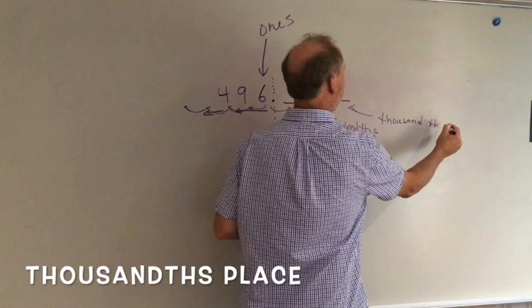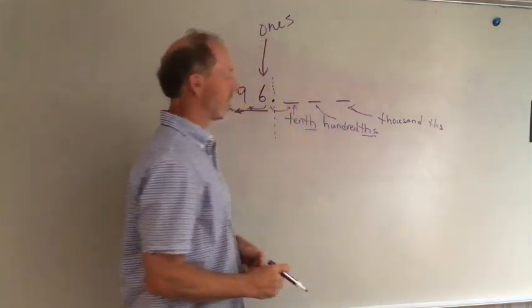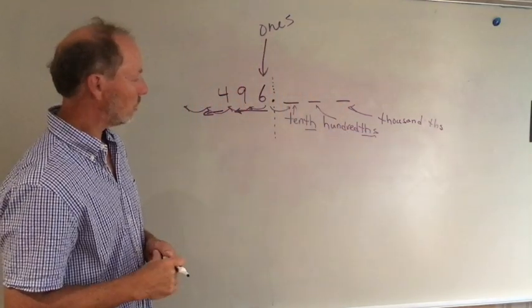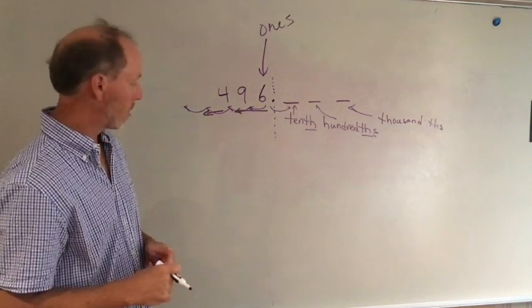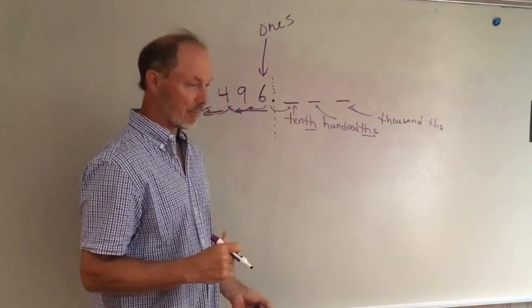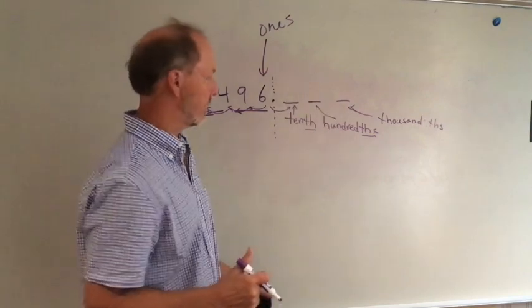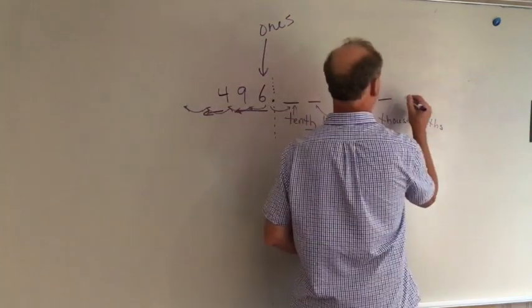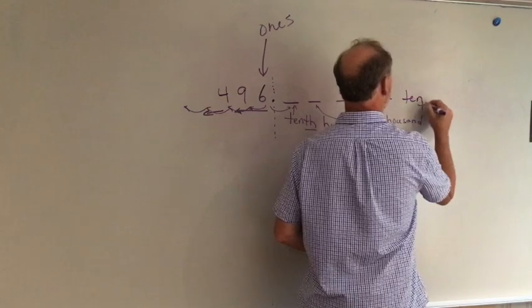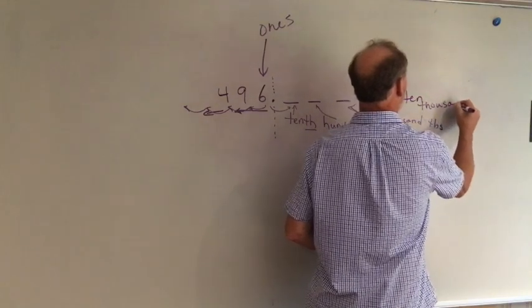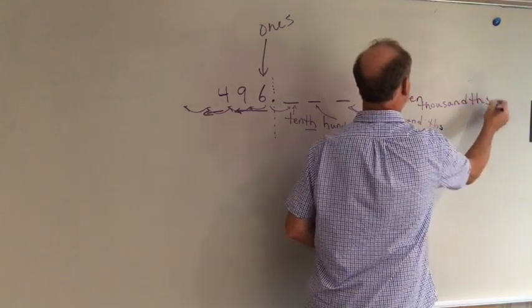No S. Put the S there. The 1000ths place. So far, so good. Okay, you're going to have to memorize these places. Tenths, hundredths, thousandths, and then even 10,000ths, and we can stop, okay? But I need you to memorize them.